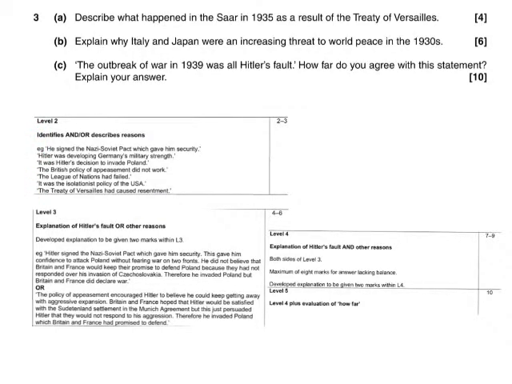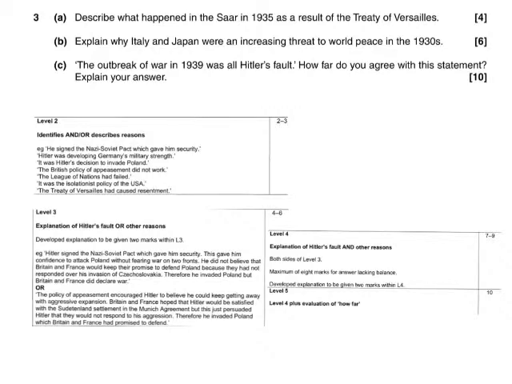You can see here that we've got a variety of reasons for the outbreak of war in 1939. Some of them, like our top one, he signed the Nazi-Soviet Pact, which gave him security, relate to Hitler himself. Some of them relate to other reasons as well. British policy of appeasement did not work, League of Nations failed, USA not involved, Treaty of Versailles had left Germany resenting their situation.